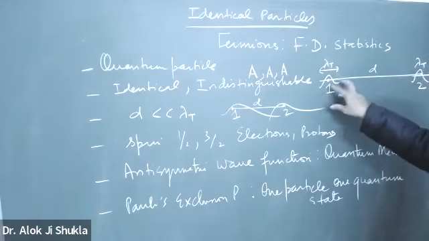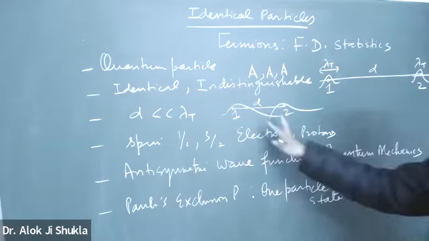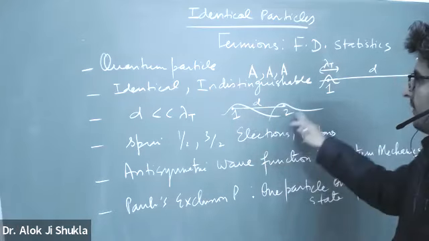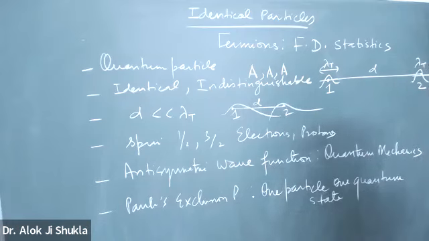If D is much greater than lambda t, then the two particles don't need quantum consideration. You can treat them classically. But if D is smaller and the wavelengths overlap, then quantum effects become important. Okay?